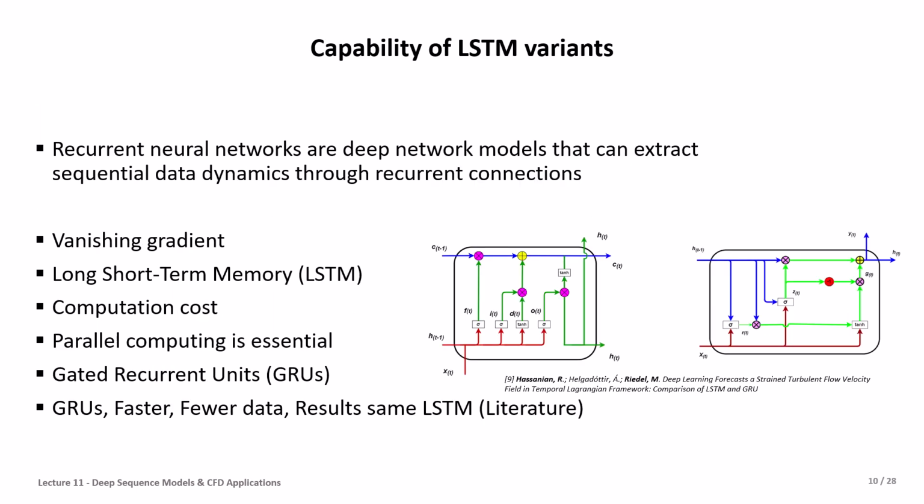The capability of the LSTM variants is reported in the literature in many applications, for example picture processing, data series such as stock markets, and making predictions from measurement data, from a numerical approach, and also using data from known analytical equations.